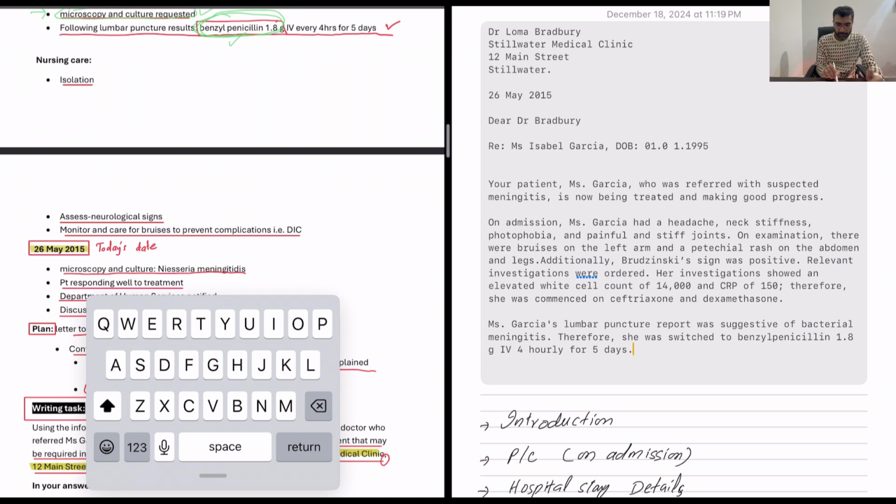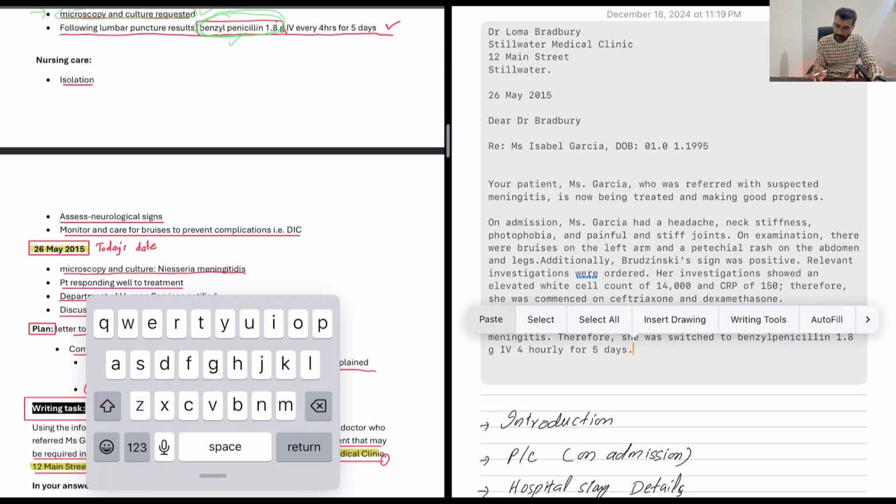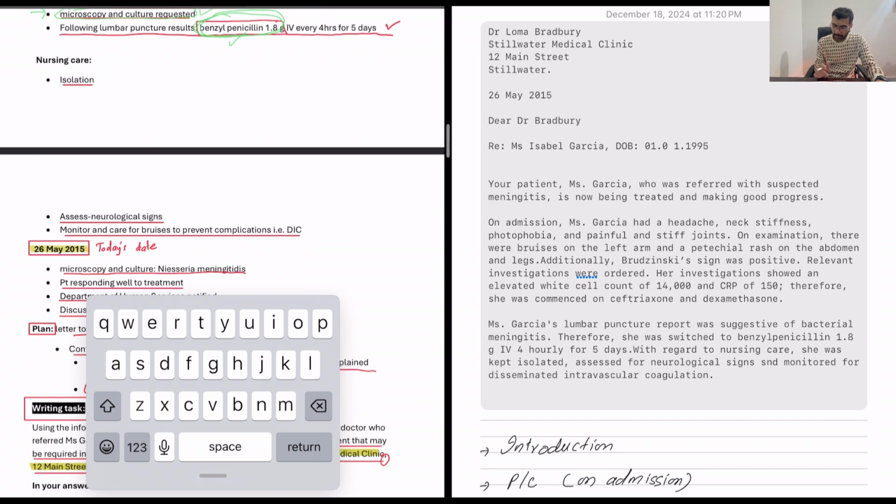So we will write all of them. With regard to nursing care, she was kept isolated, assessed for neurological signs, and monitored for disseminated intravascular coagulation.